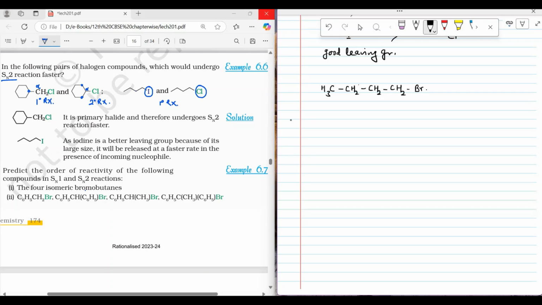So this is n-bromobutane. Now draw isobromobutane. Here we can draw CH3, CH, CH2 and here this is bromine and here this is CH3. So this is isobromobutane.